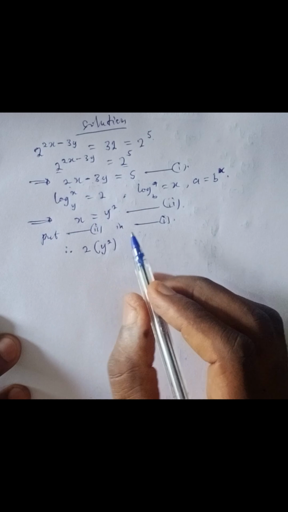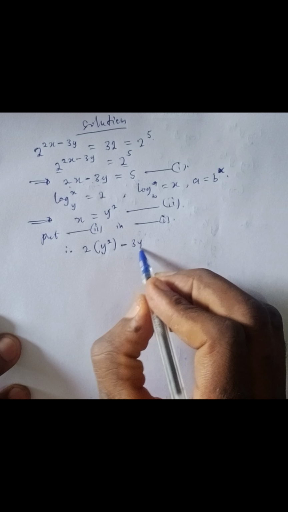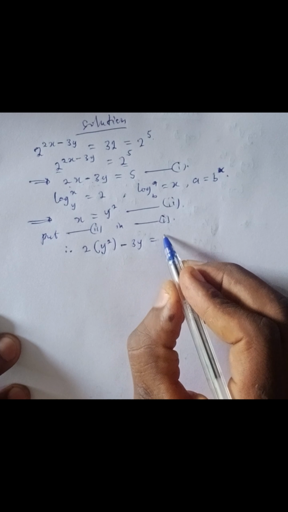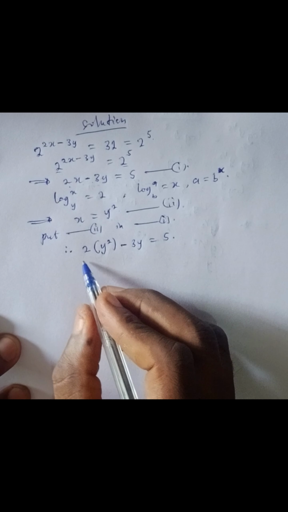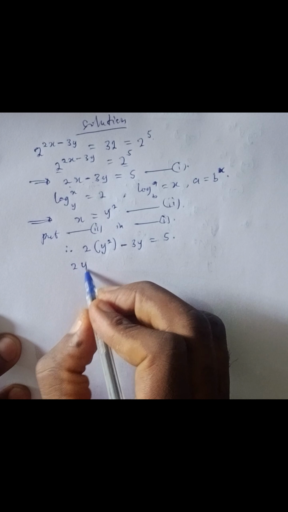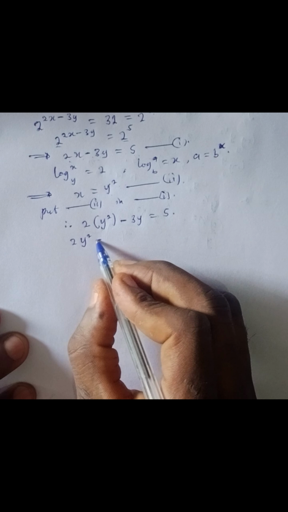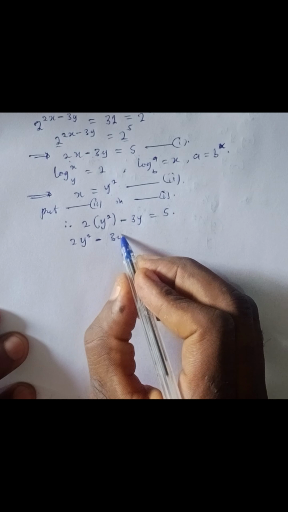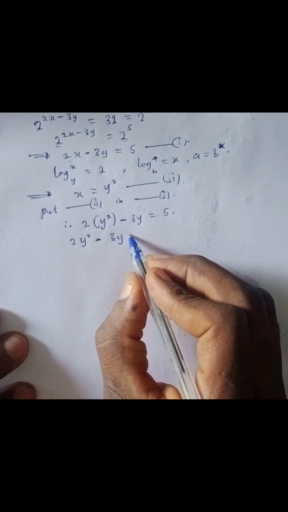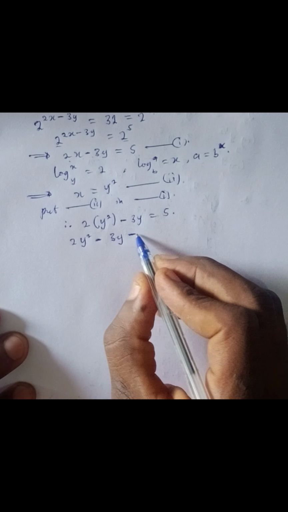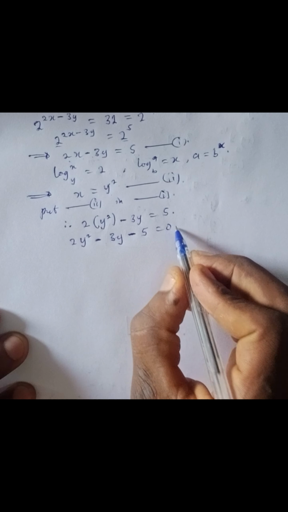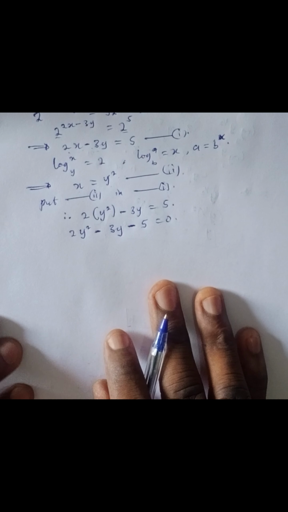So from equation 1, minus 3y equals 5. Okay, this will be 2y squared minus 3y. If you take this one in, minus 5 is equal to 0.